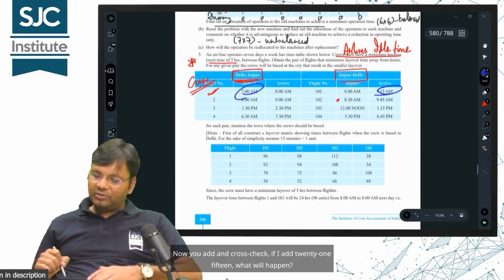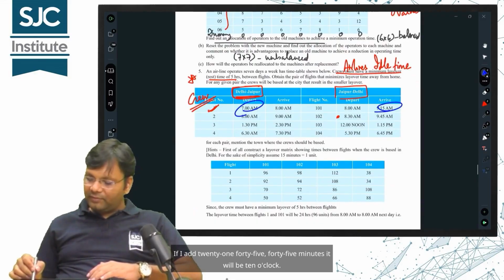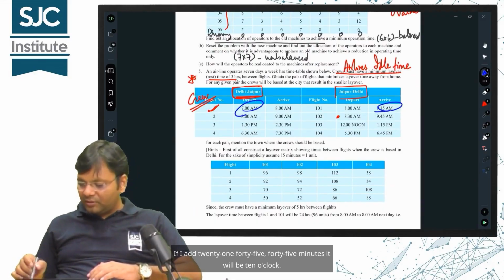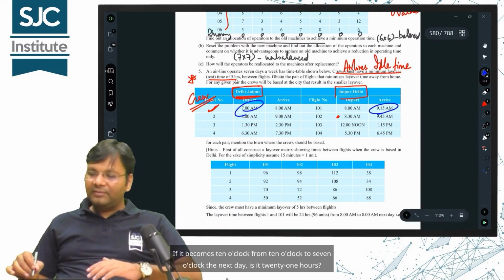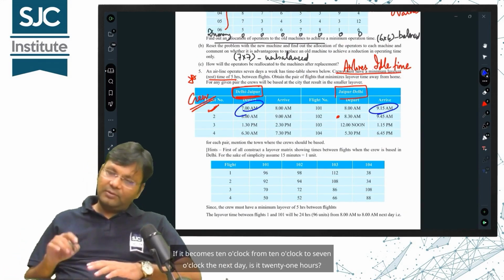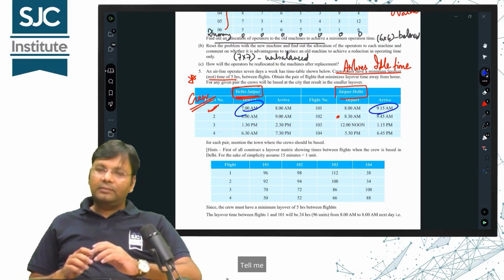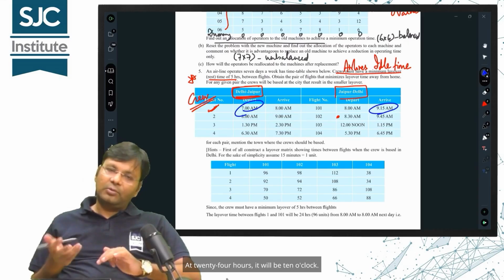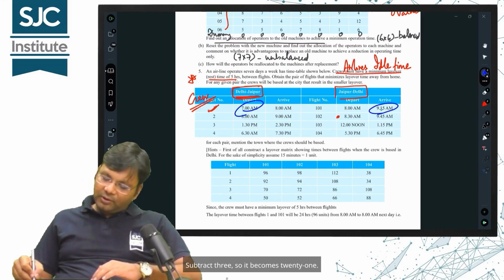Now you add and cross-check. If I add 21 hours 45 minutes to 9:15, it will be 10 o'clock. Add 45 minutes to 9:15, it becomes 10 o'clock. From 10 o'clock to 7 o'clock the next day, is it 21 hours? Tell me. At 24 hours, it will be 10 o'clock. Subtract 3, so it becomes 21.